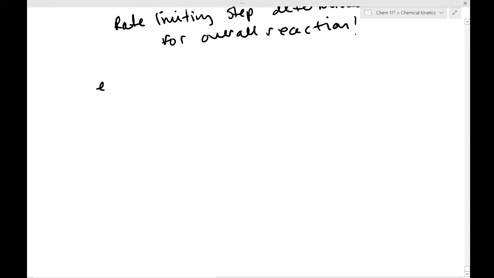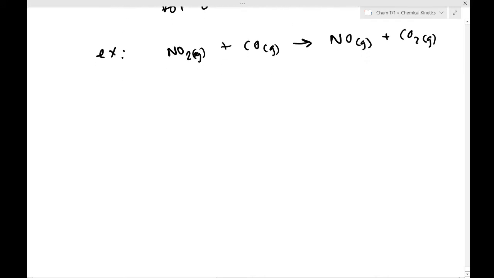Let's look at the reaction with our old friend, the reaction between nitrogen dioxide and carbon monoxide to form NO gas and CO2. We've looked at this several times throughout the chapter. Let's look at it in more detail and look at the actual individual steps that go into this reaction.